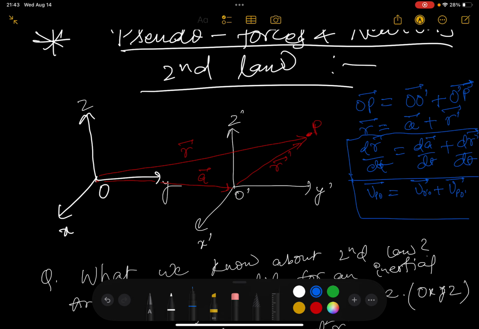So you can see that there is a velocity relation that we are getting from those position vector derivatives.